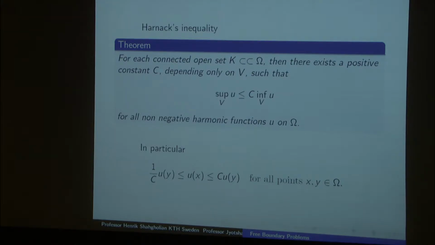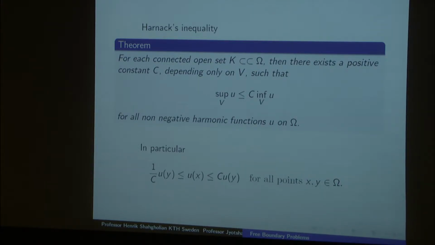Okay? And things do not behave very badly if you are having harmonic functions. You cannot have too much fluctuation. I think it should be a good exercise if you are able to show that Harnack's inequality is equivalent to the maximum principle.